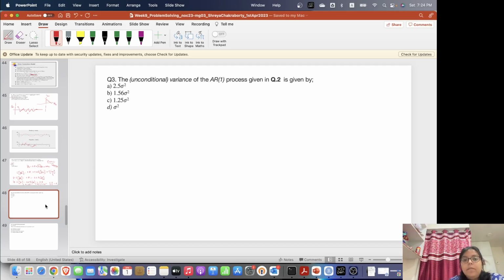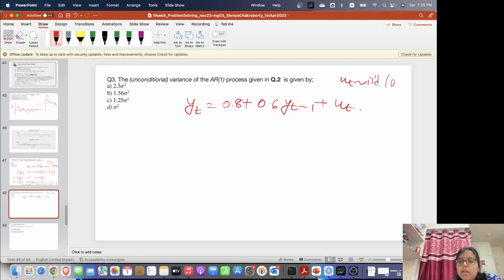Here again, the unconditional variance of AR1 process is given by, so it was yt equal to 0.8 plus 0.6 yt minus 1 plus ut, where ut follows IID 0 sigma square. So variance of yt will be variance of constant, which doesn't make any sense, which will be 0.